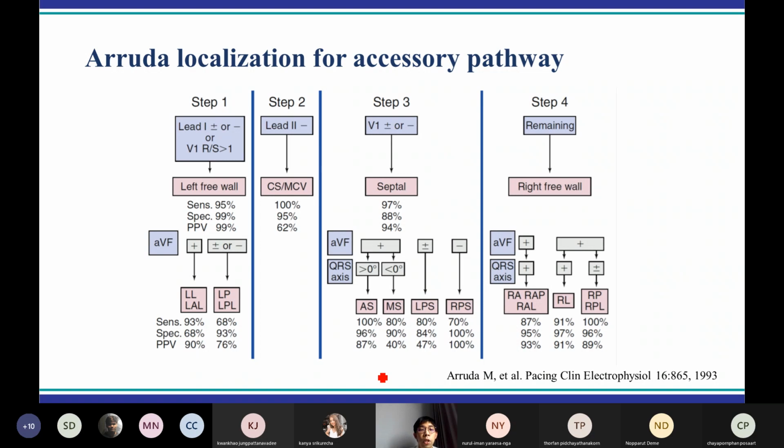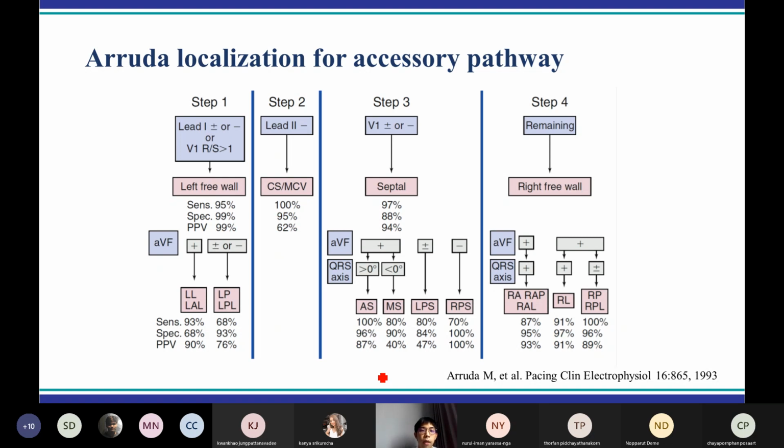Usually I use V1 first to see if the R to S ratio is more than 1 or not. If the R to S ratio is more than 1, or the QRS complex in lead I is isoelectric or negative, it should be a left free wall accessory pathway.